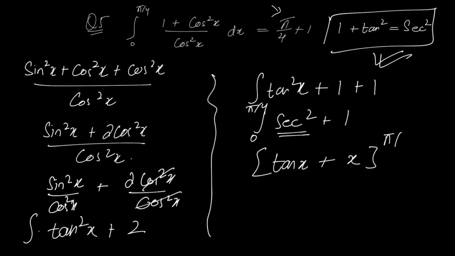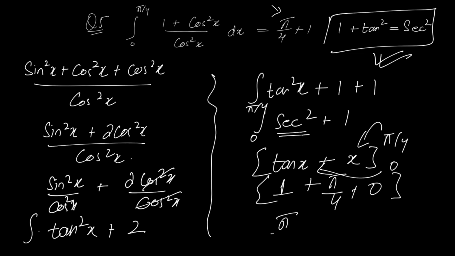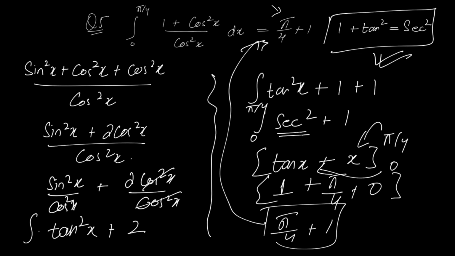So you have pi upon 4 and 0. So we'll put in the limits. So tan pi upon 4 is equal to 1, and x, we put this in x, so this will give us pi upon 4, and tan 0 is 0, so this gives us pi upon 4 plus 1, which equals the result we had to find it equal to.